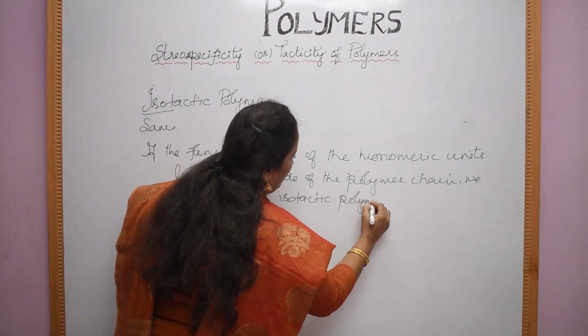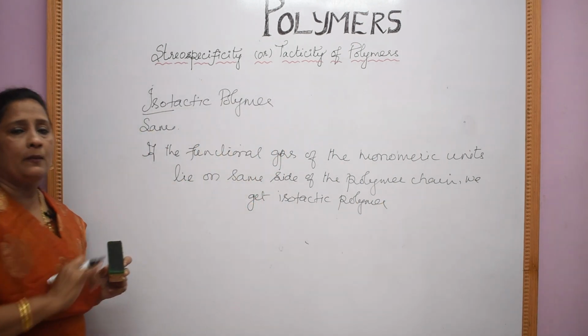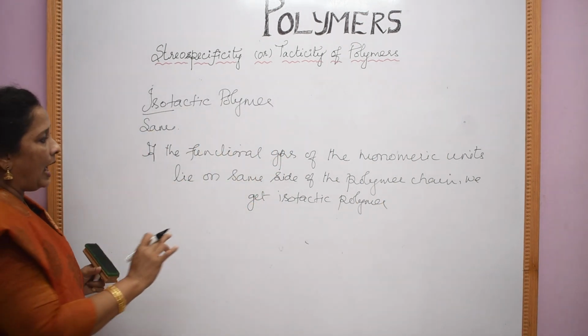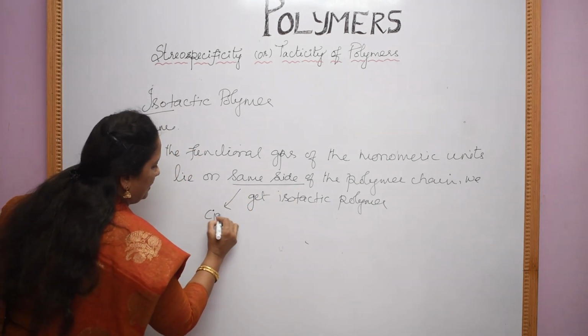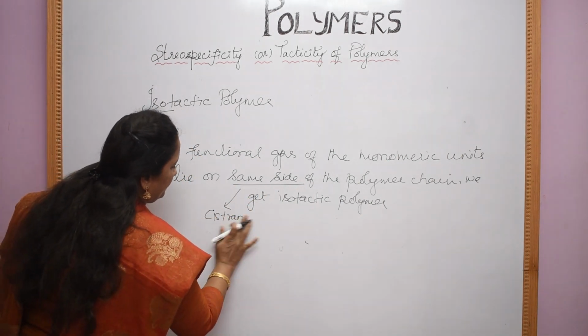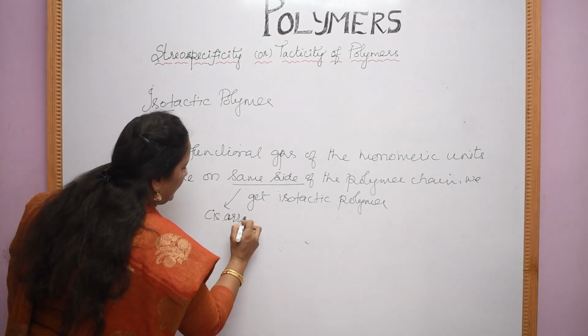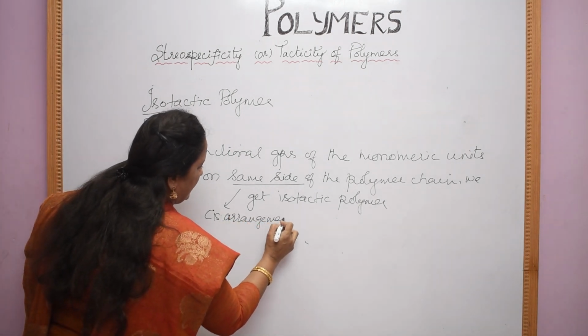All the functional groups will be lying on the same side of the polymer chain, and this arrangement, same side of the polymer chain, is a cis arrangement. When the groups are on the same side, we call it a cis arrangement.